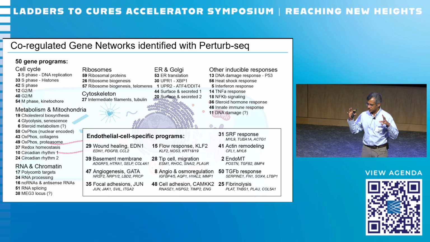These are just the genes that travel together in our experiment. And you'll see that there are 50 co-regulated gene programs, 37 of which you would have found in any cell type. They affect common processes like cell cycle or ribosomal biology. But 13 of the programs are endothelial cell specific, and they are in the pathways that you would expect to be associated with vascular diseases.